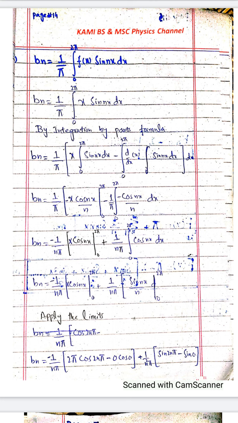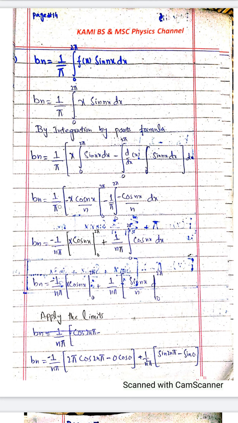So now we will say this is my first function, this is my second function. We will solve this integration by the parts formula. So bn is equal to 1 over pi, first function, integral of second function, minus whole integral of derivative of first function, integral of second function.